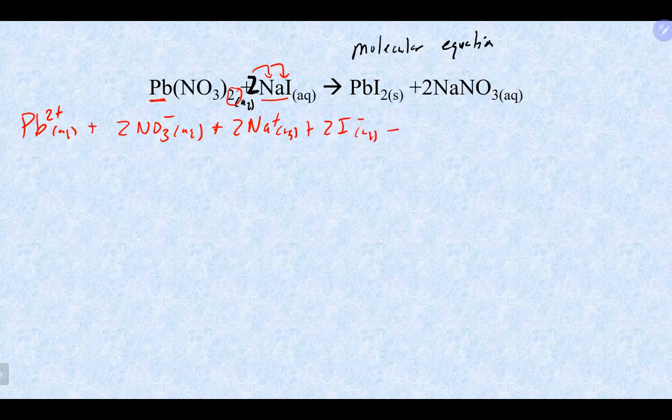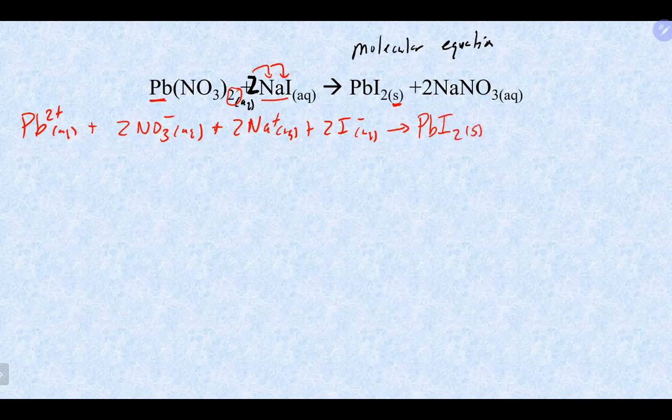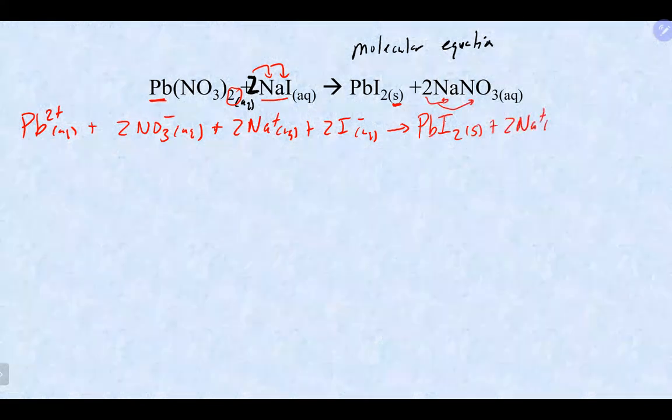Coming to the other side, this guy is a solid. Once again, it needs to stay together to be a solid, so we would not break it apart. That would give us our lead(II) iodide. And once again, this sodium nitrate is a strong electrolyte, which will break apart into a couple of sodium ions and a couple of nitrate ions here.